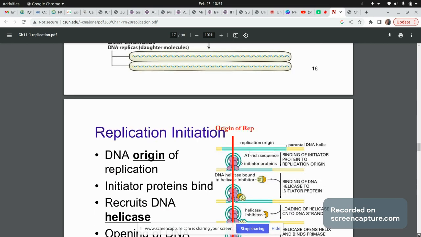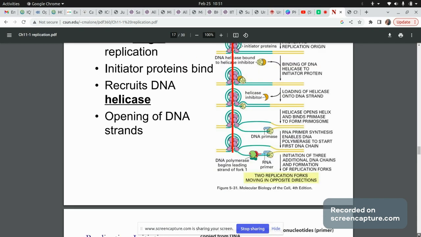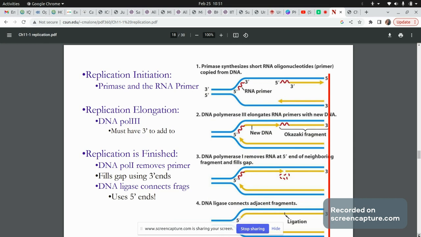Replication initiation. At the DNA origin of replication, an initiator protein binds and recruits DNA helicase, opening the DNA strand. Then primase makes the RNA primers.